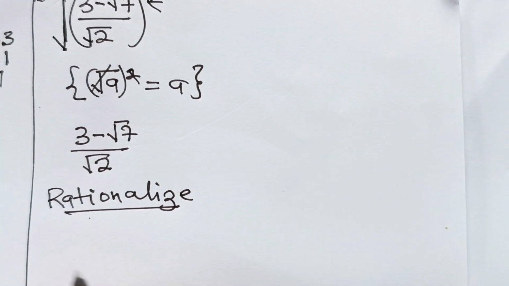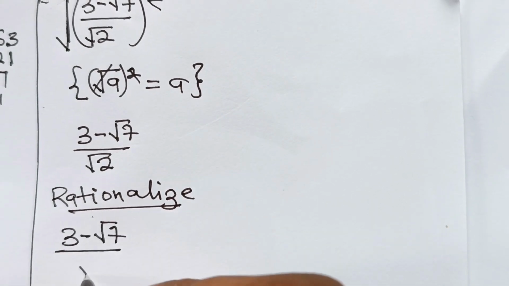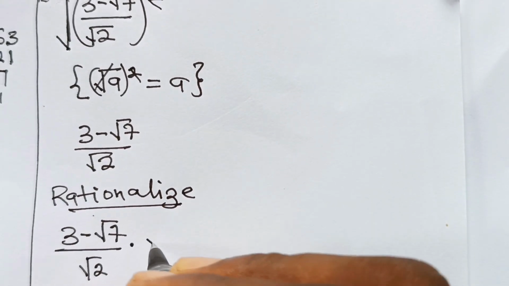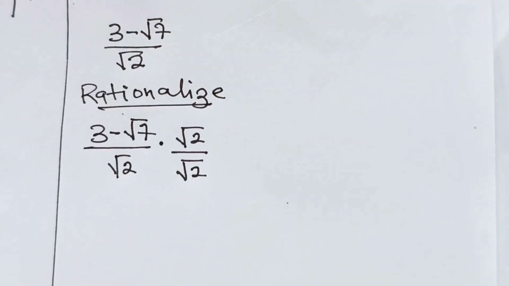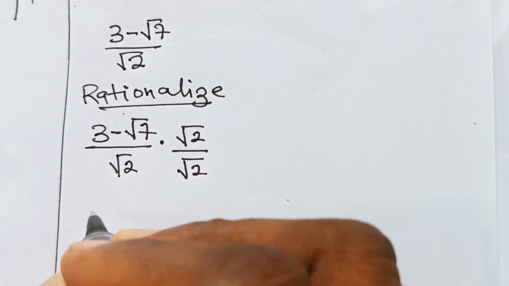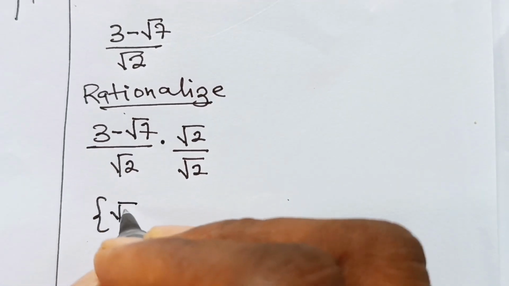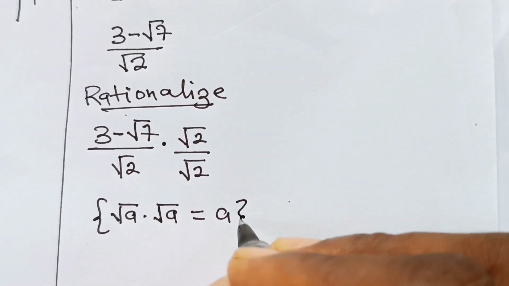So if we do that, we have 3 minus root 7 divided by root 2 multiplied by root 2 divided by root 2. So if we solve this, we have root a multiplied by root a is equal to a.